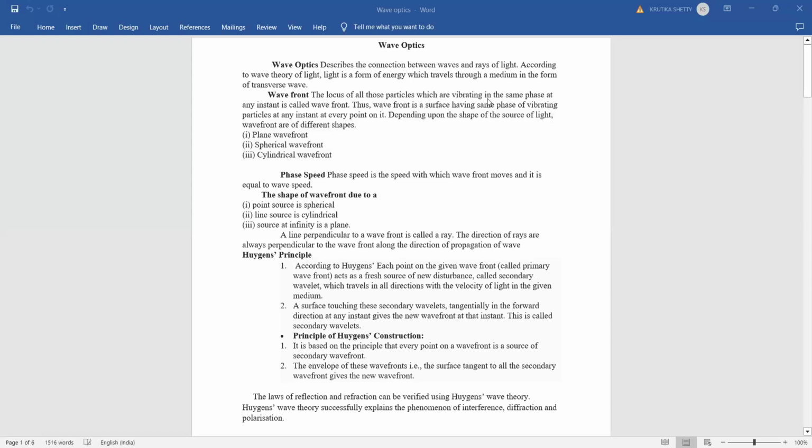Yes, the screen is visible. See, now it is visible.